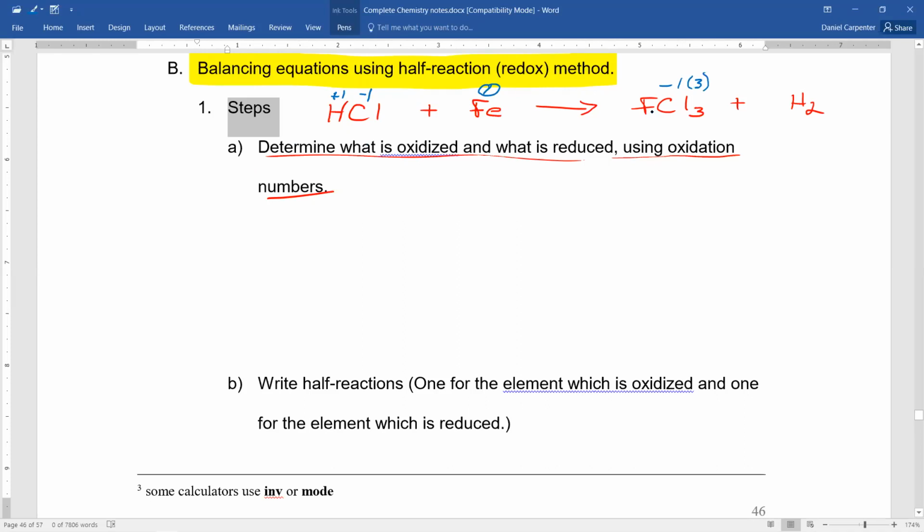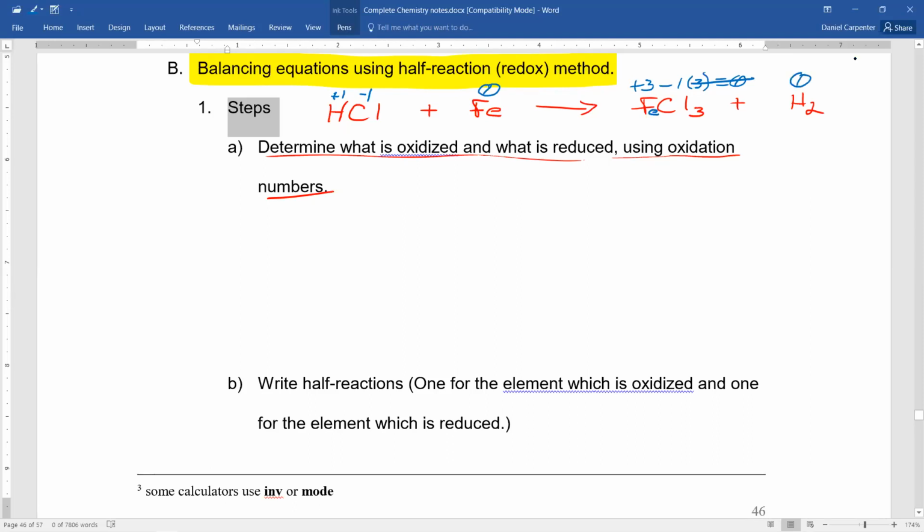Whoops, that was supposed to be Fe. Fe doesn't have a rule, so what does it have to be to equal 0? Well, let's see, this is -3, so +3 minus 3 is 0. And this part I don't care about. I just care about these numbers. And hydrogen is a pure element, so pure elements are 0.